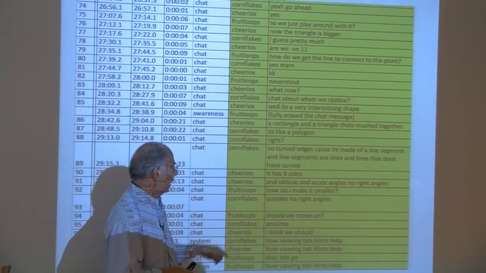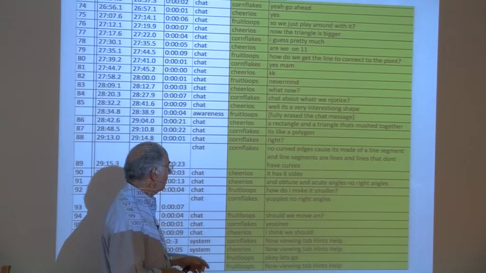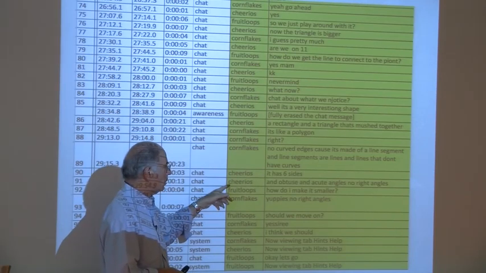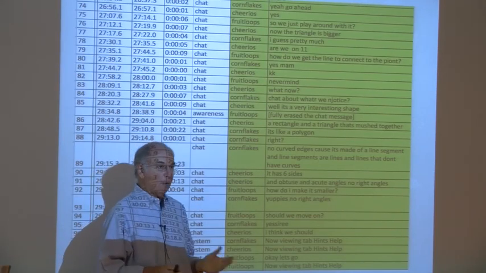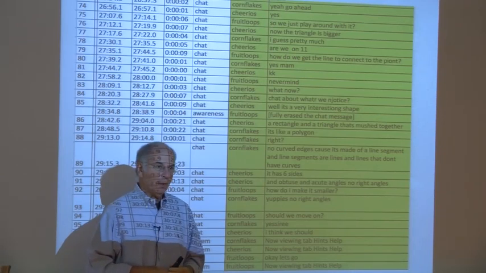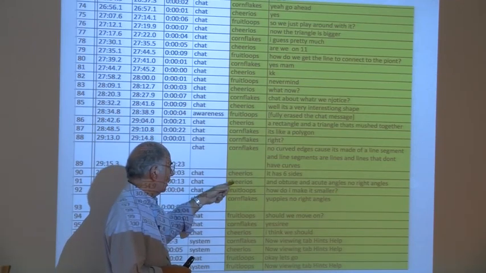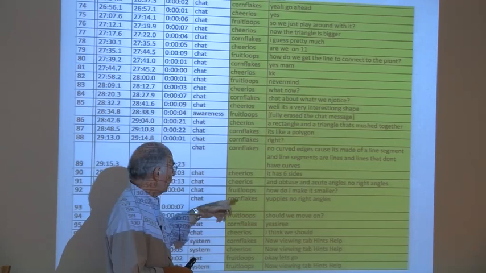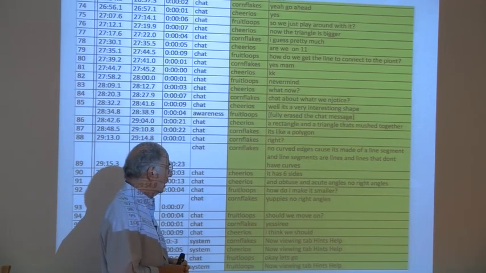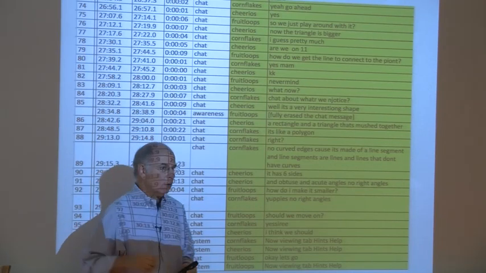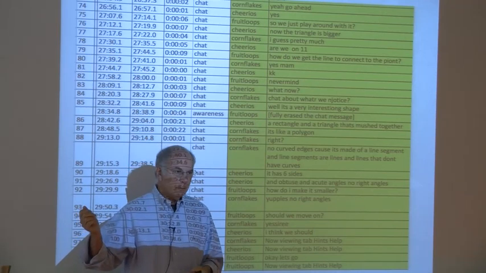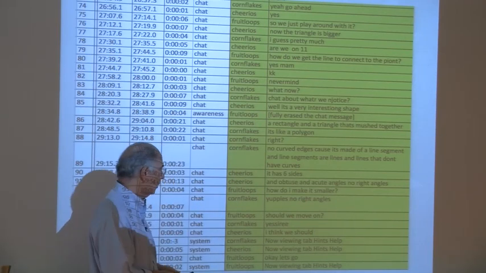It has 6 sides, now Cheerios, and obtuse and acute angles, no right angles, so they know something about the vocabulary of geometry. And Cornflakes agrees, yep, no right angles, and Fruit Loops wonders how to make it smaller. Maybe it's scrolled off the screen partly, so she wants to bring it all on the screen maybe.